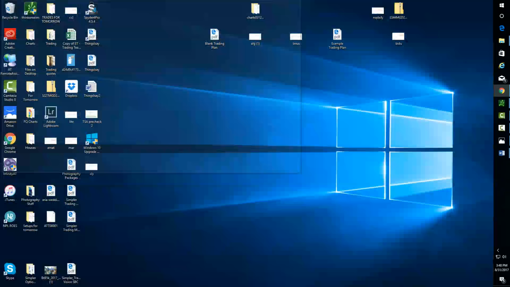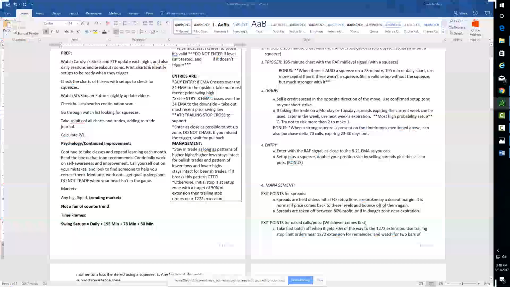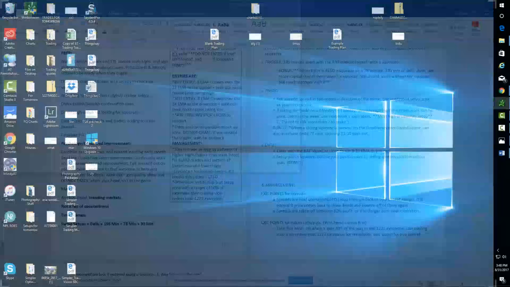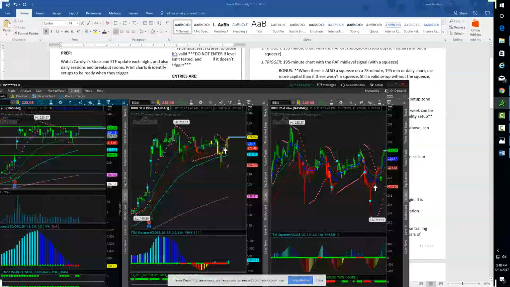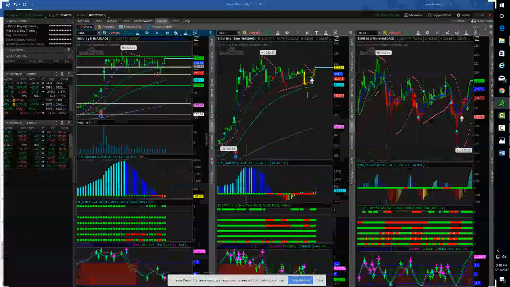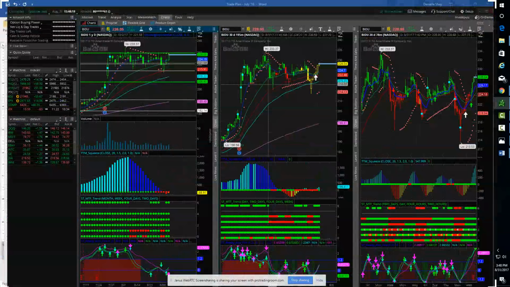So when I pull up a chart, this is what it's going to look like. I have my daily chart here, 195-minute chart, and 78-minute chart.